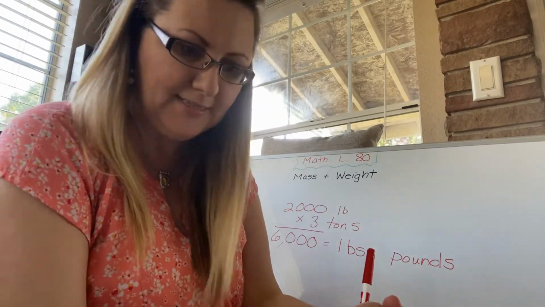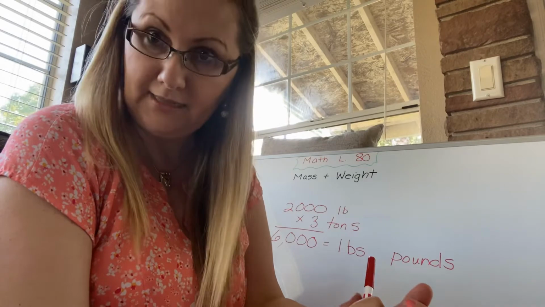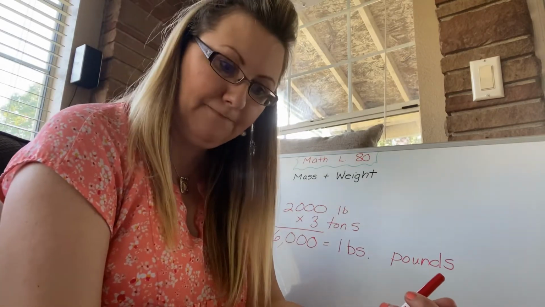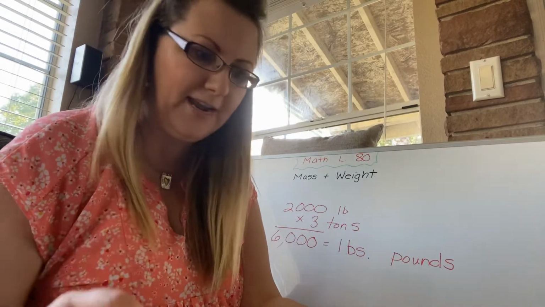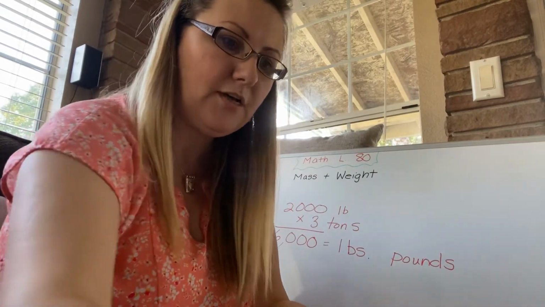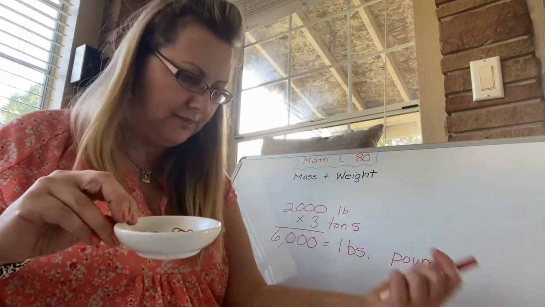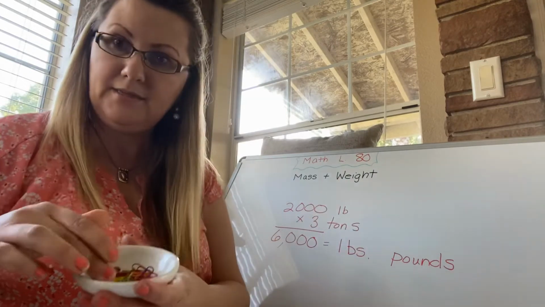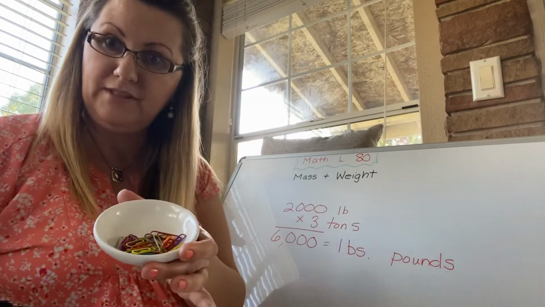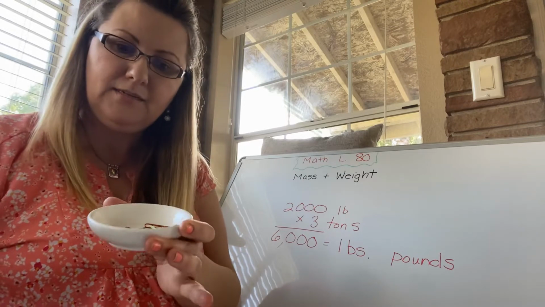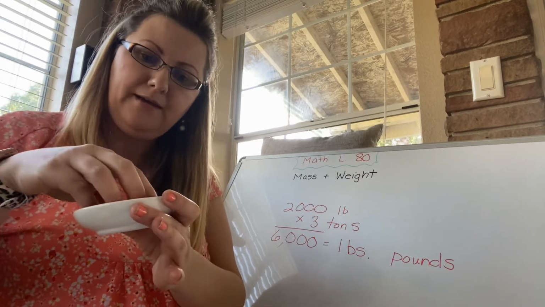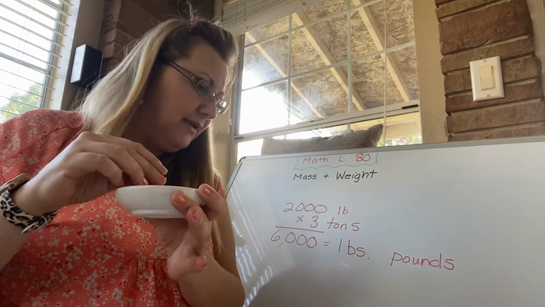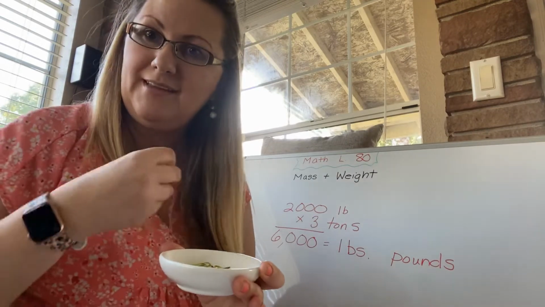As our book says, recall that the prefix kilo means 1,000. So a kilogram is 1,000 grams. You saw my 28 grams. That was the equivalent of 1 ounce. So 28 grams, 28 little paper clips in the metric system, would be equal to 1 ounce in the US system.